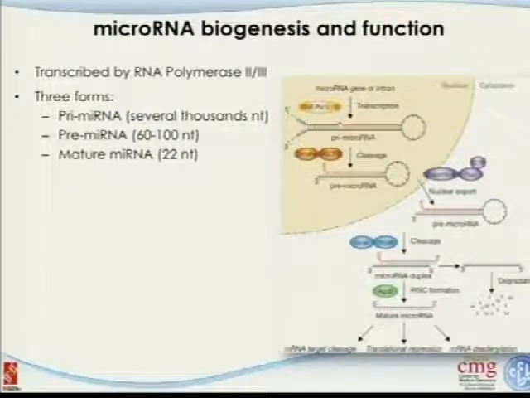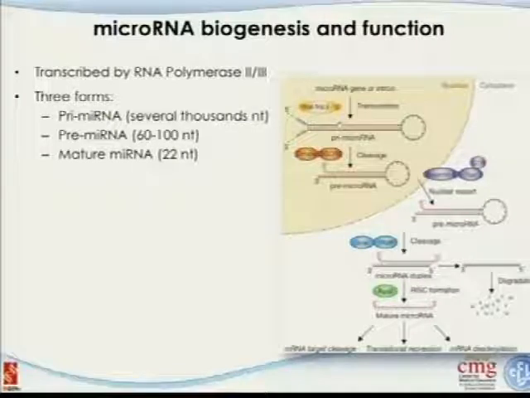After that, you do this cleavage and form this hairpin loop and get rid of things you don't need. And you form what is called the precursor microRNA. This is about 100 base pair long, 60 to 100. At this stage, it's called a precursor microRNA. It will be shipped out of the nucleus into the cytoplasm and further processed.